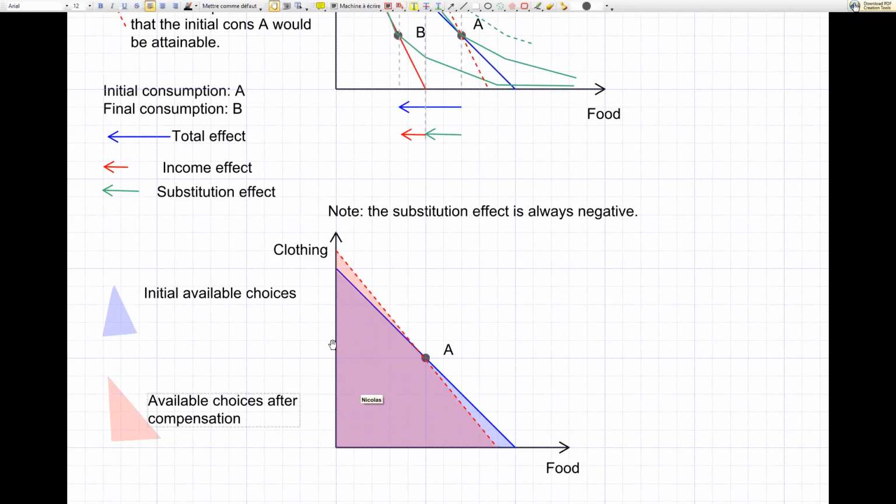So as I told you, the blue triangle are all the choices that were initially available for the person. And the red triangle are the ones that are newly available to the person. And the question is, could the person want to consume, for instance, more food or less food than before?